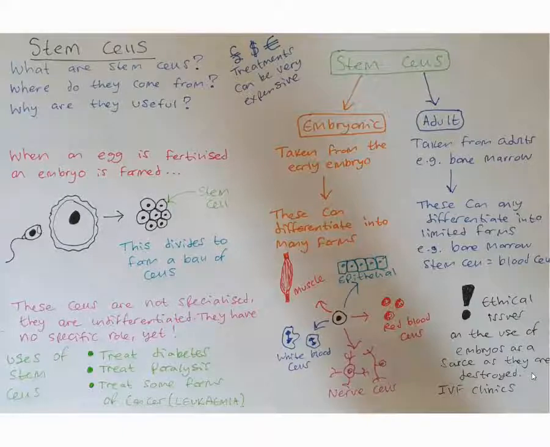Sometimes in those treatments, some of the embryos are not used. Okay, so they can be used for this type of treatment, stem cells, where we can then replicate those stem cells into higher numbers for treatments for other patients.